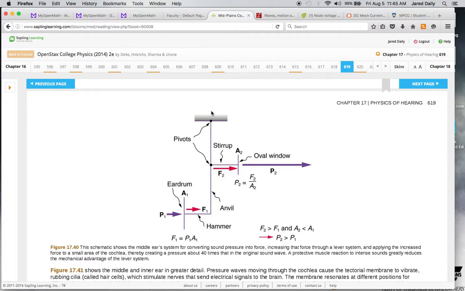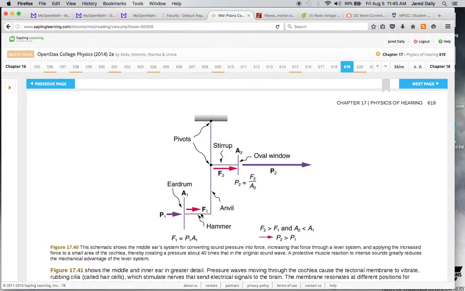But this here actually shows a diagram for how the inner ear works. So it's essentially a force diagram for the inner ear. You have the sound that comes in, down on the bottom of the diagram, as pressure 1. It's an air pressure that hits your eardrum.